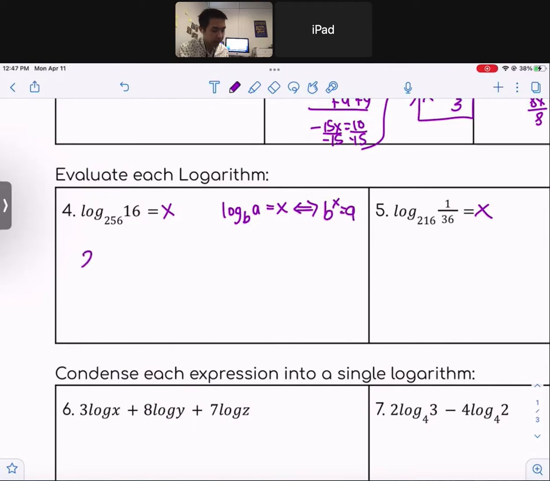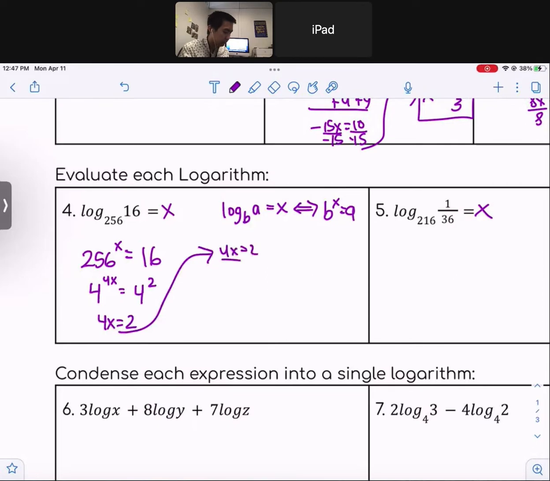So we take the base, raise it to the x power equals 16. Get common bases on both sides, so we could use 4. 4 to the 4x is equal to 4 to the 2nd. Set both exponents equal to each other, and then solve for x by dividing both sides by 4. x is going to equal 1/2.